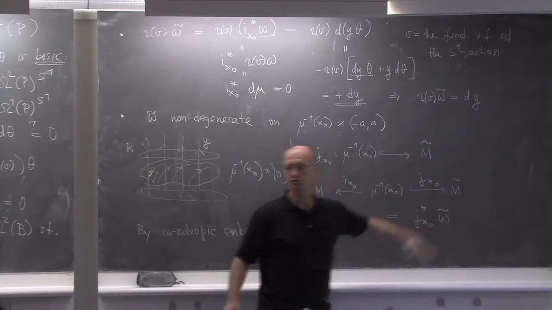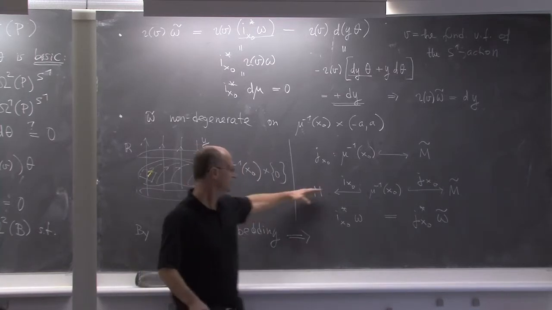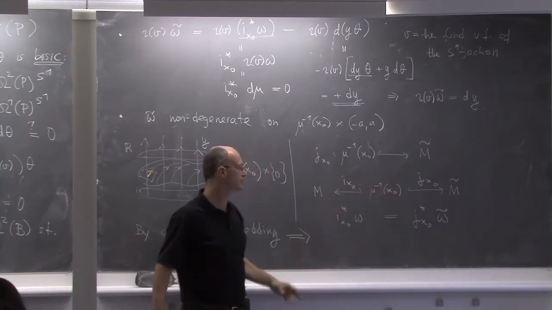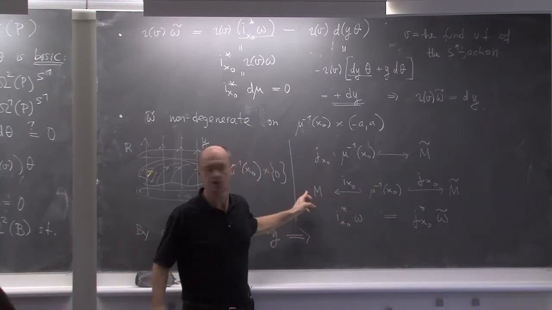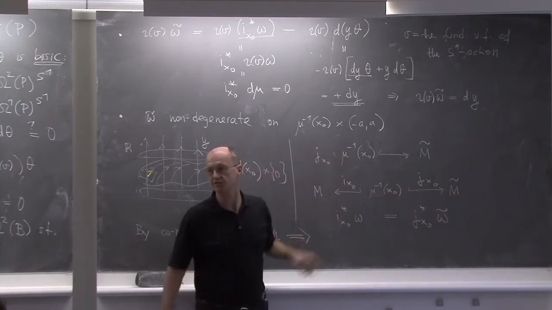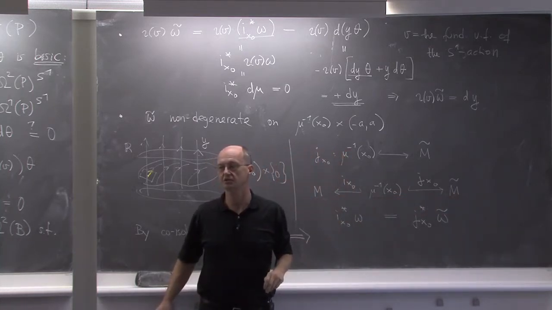So by the coisotropic embedding, you have this submanifold sitting inside these two symplectic spaces, and the restriction of omega to this space coincides. So this means there are neighborhoods of these two embeddings which are symplectically diffeomorphic.